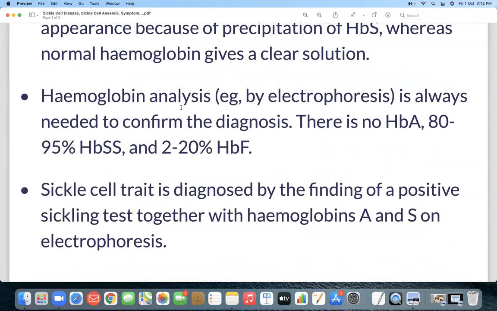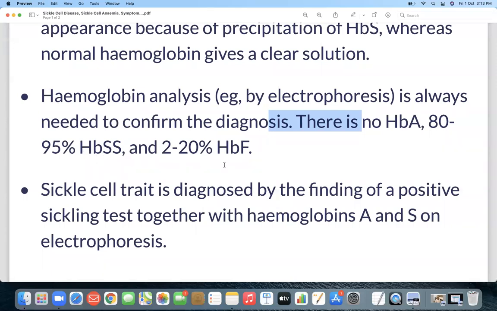Then hemoglobin analysis, that is electrophoresis, is always needed to confirm the diagnosis. Yesterday we read in thalassemia also, your confirmatory diagnosis is by electrophoresis. Okay, so what you will see in the hemoglobin: no HbA. HbS 80 to 90%, and HbF 10 to 20%.